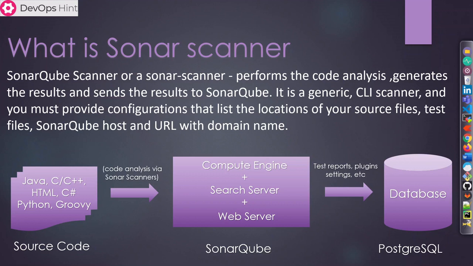So the properties will be like providing your source code path, then your test file path, then you have to provide your SonarQube host URL with the domain name, then the project key. Like these properties we have to provide to the Sonar Scanner, and then it will do the analysis.